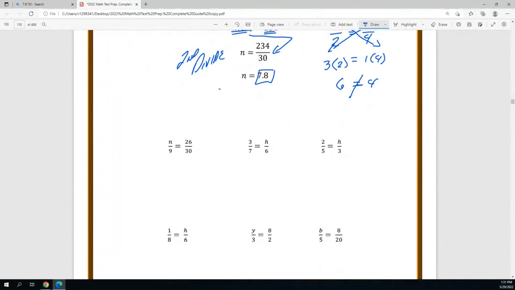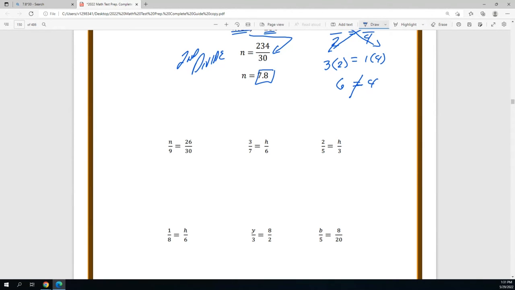Let's try one down here. Let's try this guy. You'll notice that your missing number is actually on the right side on the top. Now, that can happen. This missing number can show up at any point in this proportion, but it doesn't change what you do. You do the exact same thing.